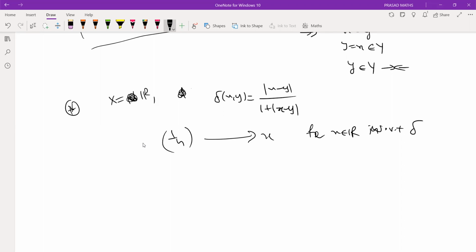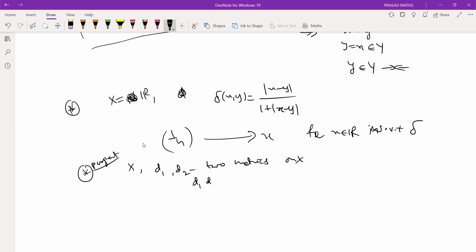The answer is yes, because using this property, which is a very, very important property. Suppose X is a metric space, and d1, d2 are two metrics on X. In fact, they are equivalent metrics.